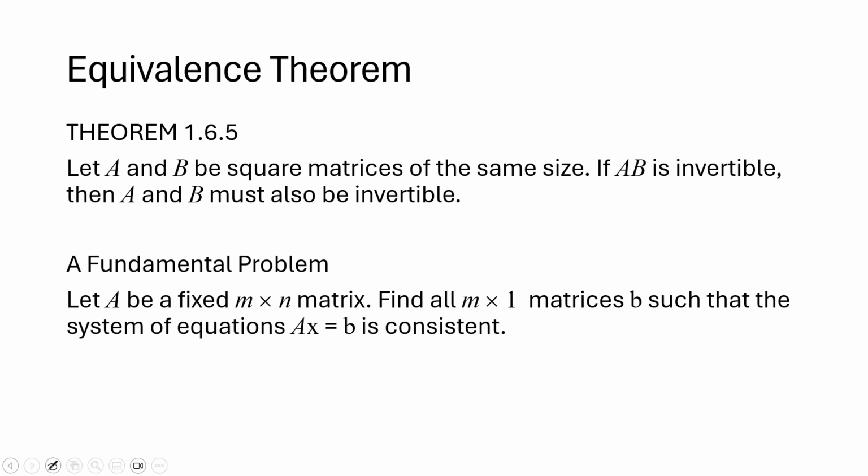Let A and B be square matrices of the same size. If AB is invertible, then A and B must also be invertible.